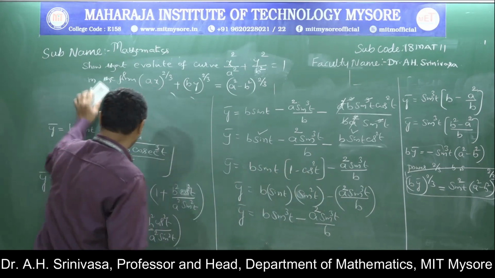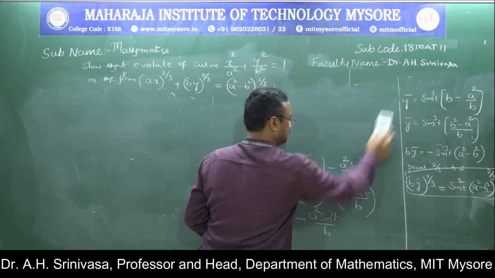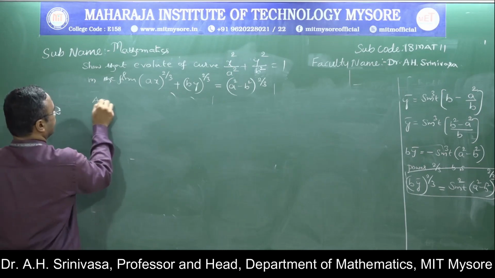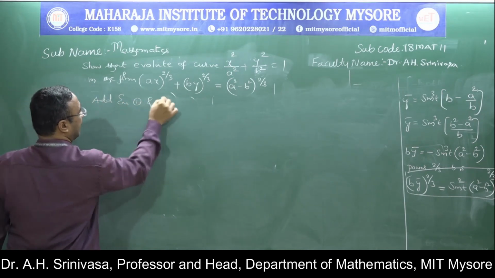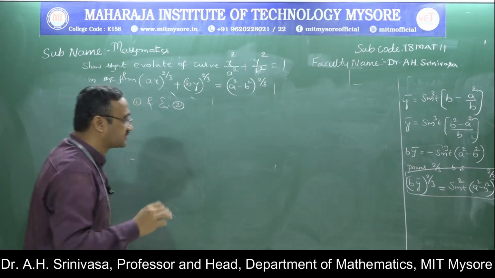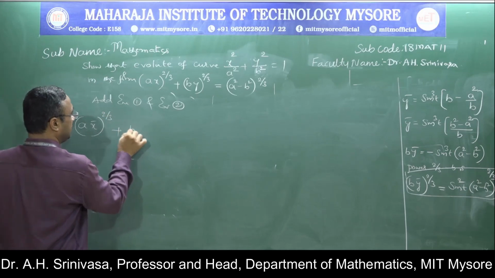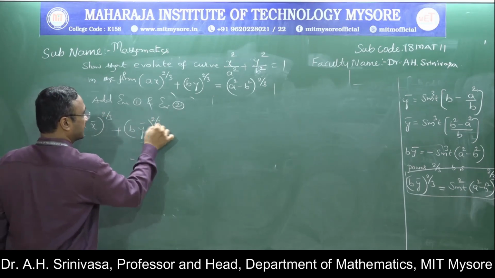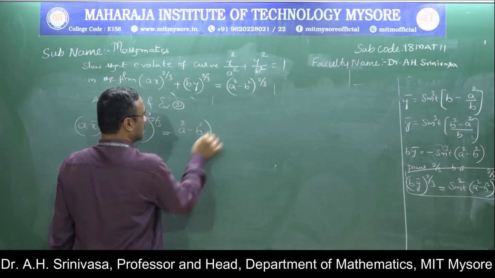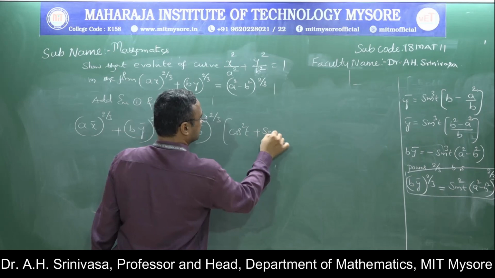In both the equations, remember the LHS: ax bar whole power 2 by 3 plus by bar whole power 2 by 3 equals, in the RHS we have a square minus b square whole power 2 by 3 into cos square t plus sin square t.